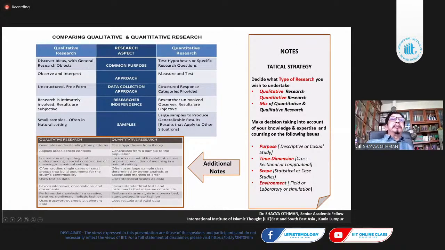Okay, then the difference here, we can see that here it discovers ideas. You want to discover ideas with a general research object. For example, you want to determine the ideas of Sharia-trained people. For ideas, you're using qualitative. How are they to give the ideas?